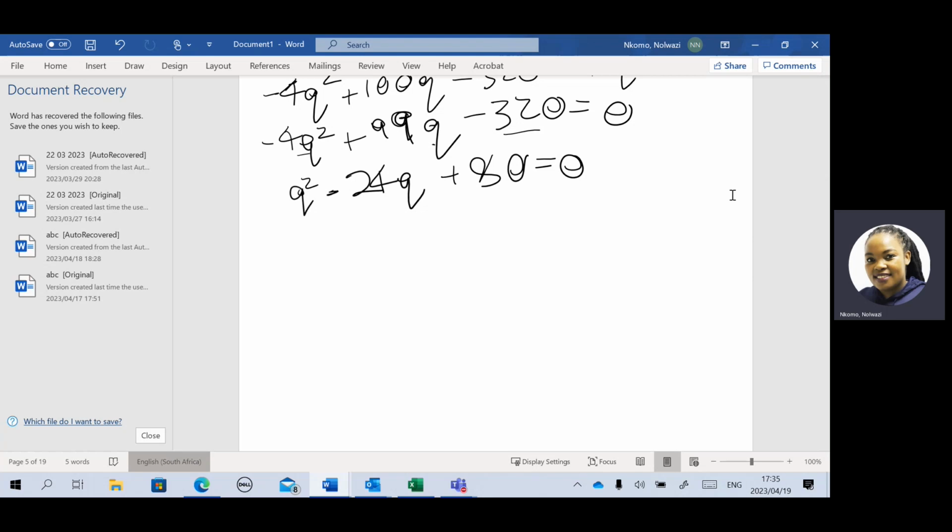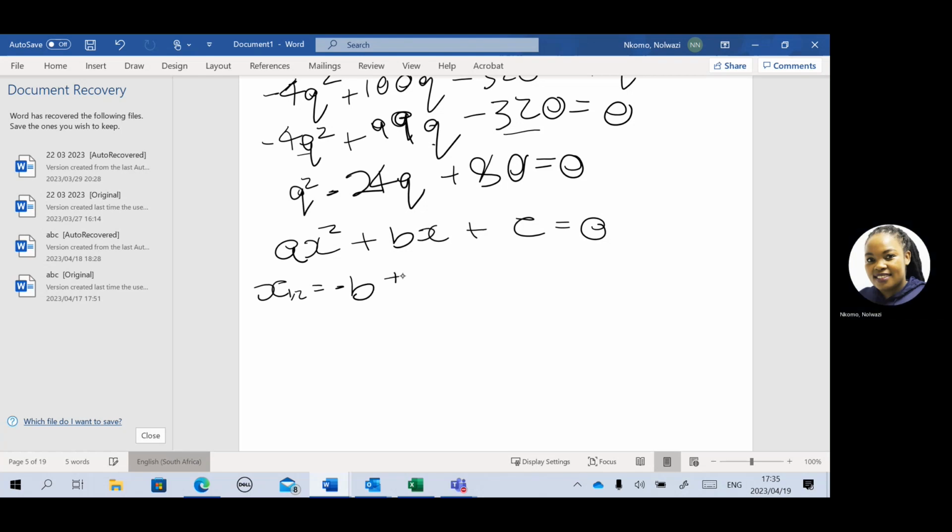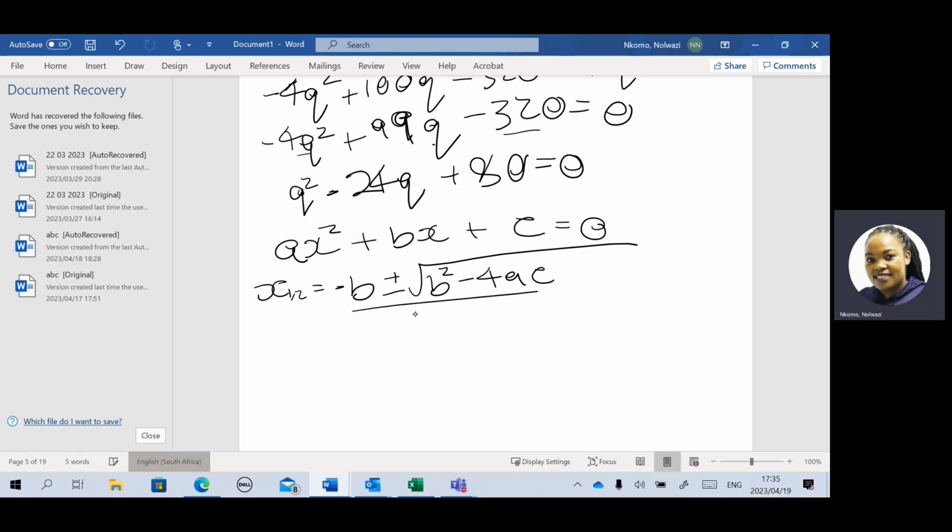Remember, if you have an equation like this, ax squared plus bx plus c equal to 0, then the quadratic formula would be x1,2 is equal to minus b plus or minus square root of b squared minus 4ac, over 2a.